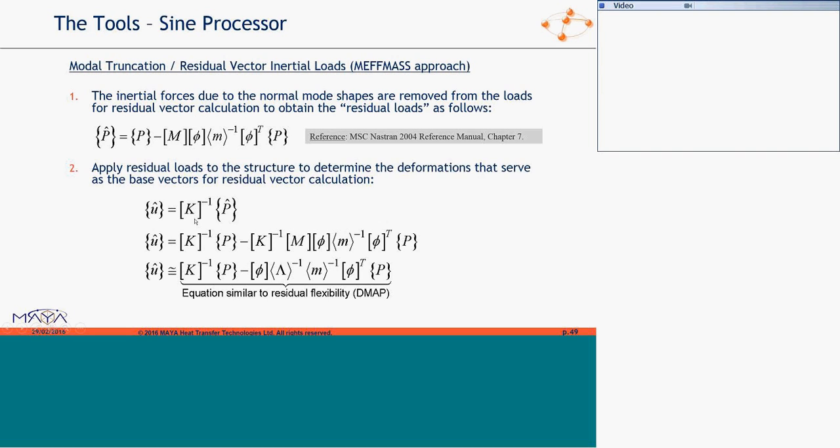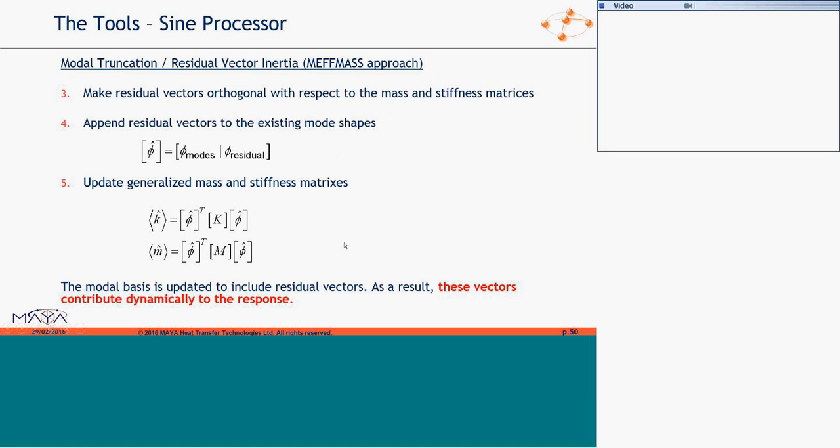Then, using the inverse of the stiffness matrix, we transform these forces to displacements, so that these are obtained. Again, this is the contribution from the modes you've retained. Those vectors are orthogonal with respect to the mass and stiffness matrices, and to the existing mode shapes.